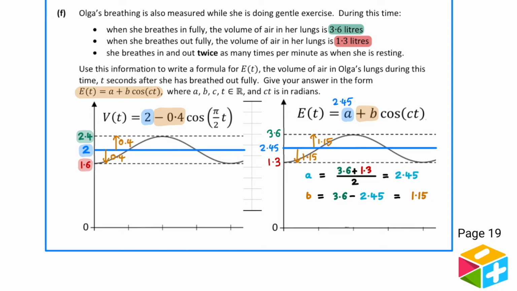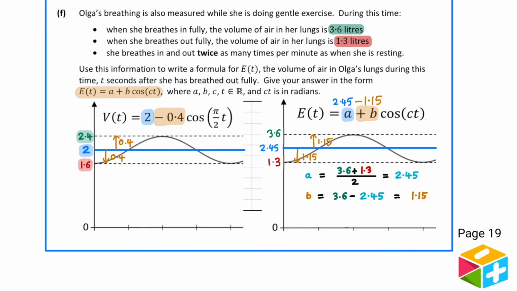We do have to be careful with our signs here. In V of t, we found our distance to be 0.4, but in the formula it appeared as minus 0.4. For E of t, we found our distance as 1.15, but in the formula it's going to appear as minus 1.15.